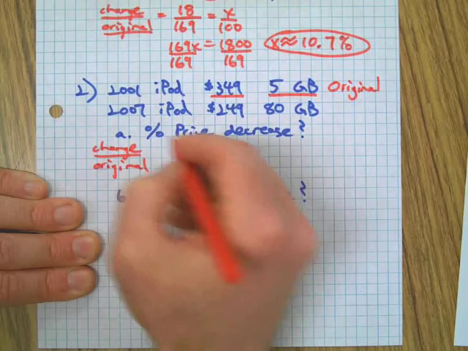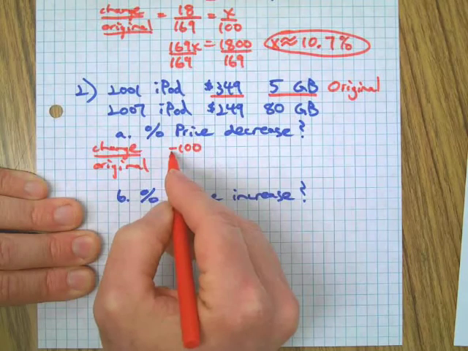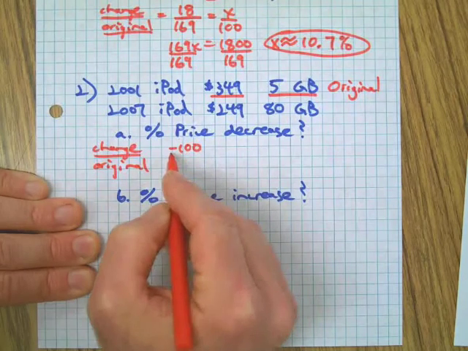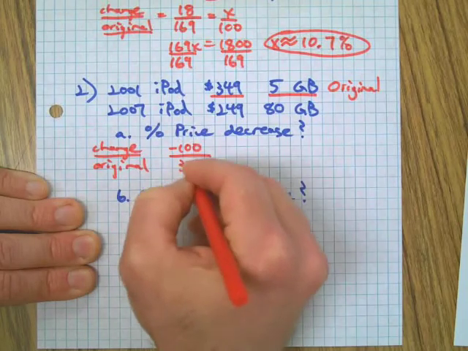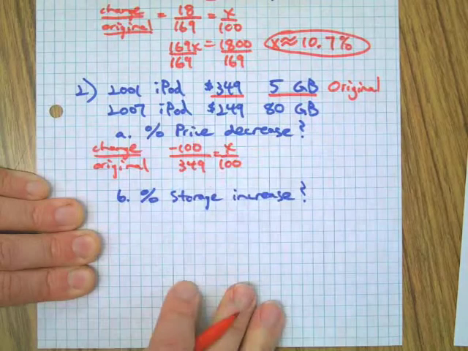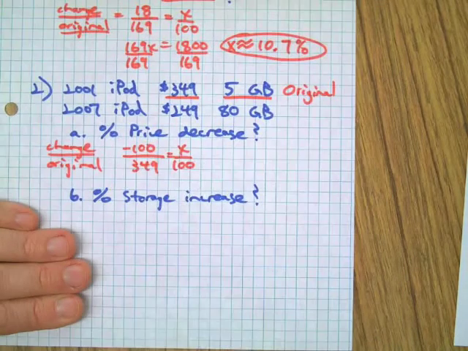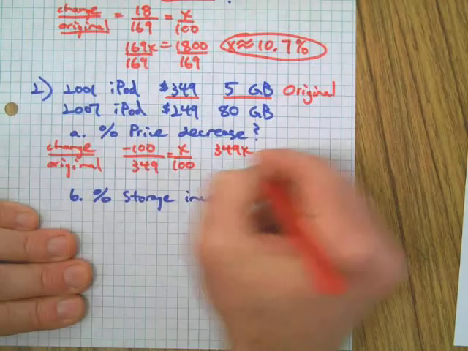Okay, so how much did it change? It changed by $100. It went down $100. Use the negative sign to remind you that it went down. The original, $349. Hopefully you get the idea by now, is all these setups are kind of looking the same, right?